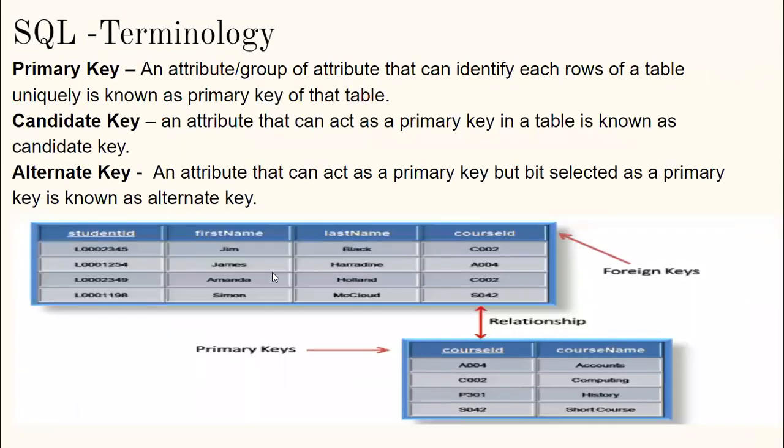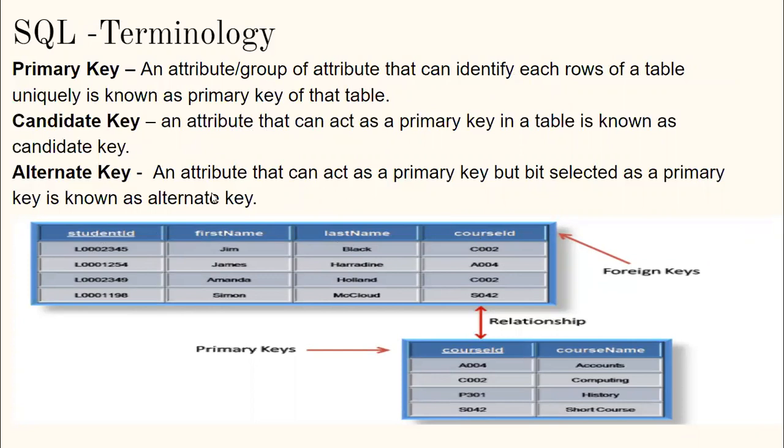Okay, then primary key, candidate key, alternate key. Primary key means an attribute or group of attributes that can identify each row of a table uniquely is known as primary key. For example, here we have one table with student ID, first name, last name, course ID.